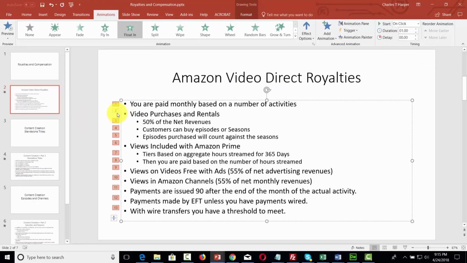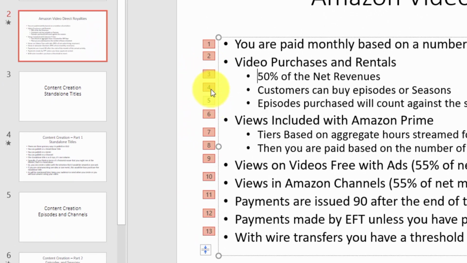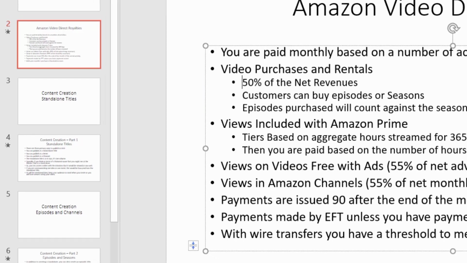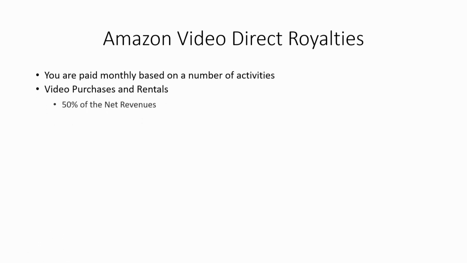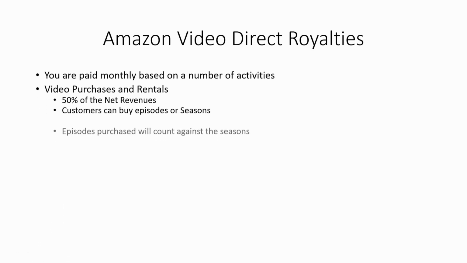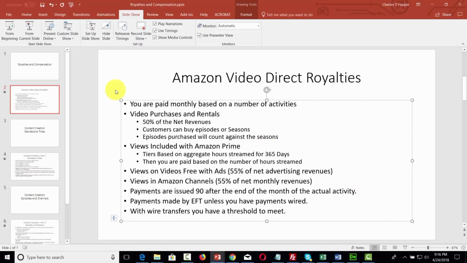The numbers have changed from 2, 2, 2, 2 to 2, 3, 4, 5, and then 6. And that means then that 3 will come after 2, and they'll all come one at a time. So, for example, if we go back to the slideshow, and we click the current slide, and we tab through, what we're going to notice now is that our points come one at a time. So to go back to the screen now, we're going to hit the escape button to go back to the slide.